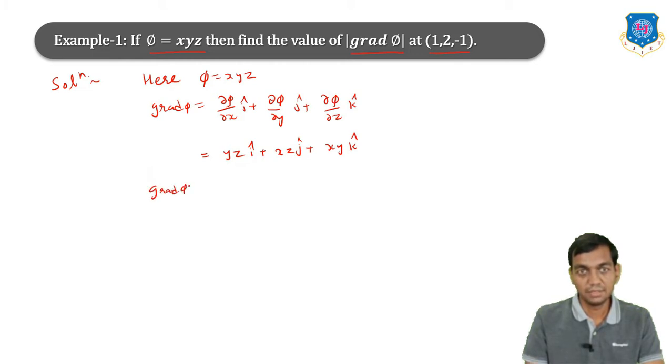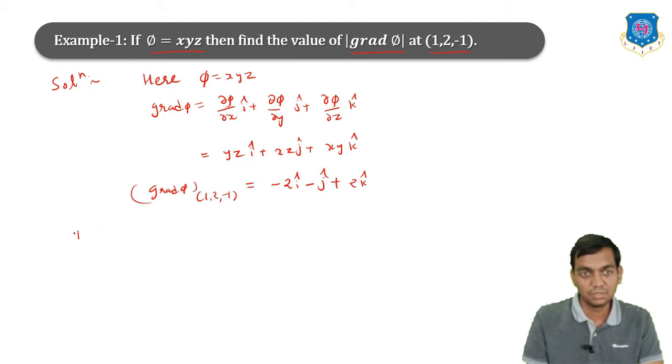And that will give you grad phi at a point 1, 2, minus 1. If you put the values, then y is 2, z is minus 1, so minus 2i. x and z are 1 and minus 1, so minus j plus xy, that is 2k. Correct?